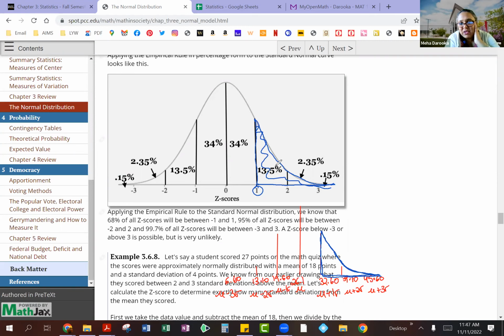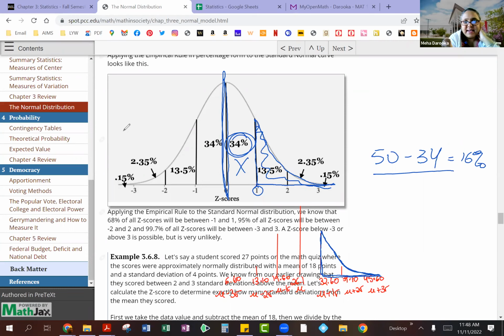So it's the same thing. You either add 13.5 with 2.35 plus 0.15, or as I was showing you before, you can do 50 minus 34, which would also give you the 16%, because we could say, well, we're looking at the right half, but not including the 34 section. So take that guy out and it leaves you behind with the 16%.